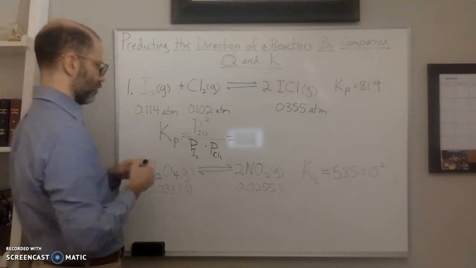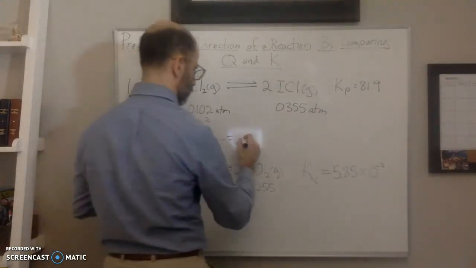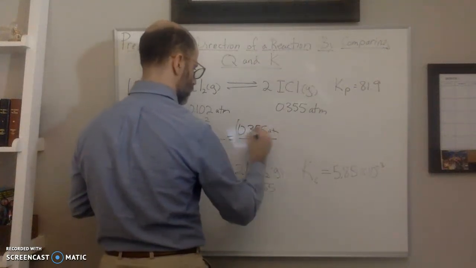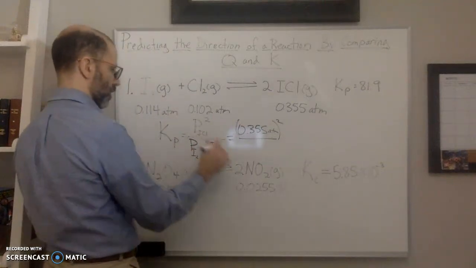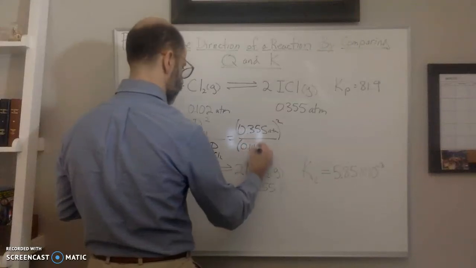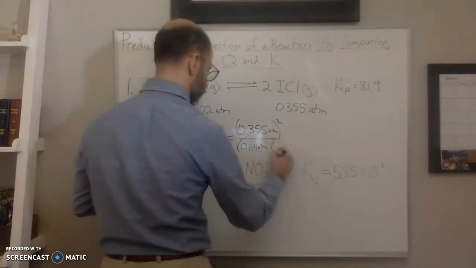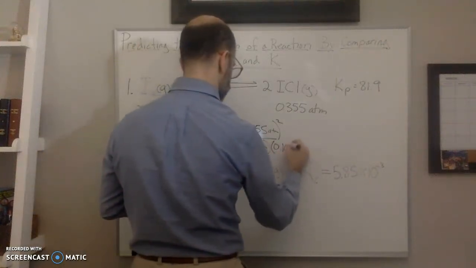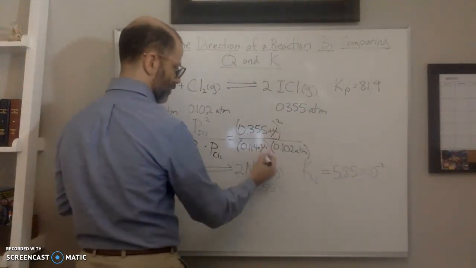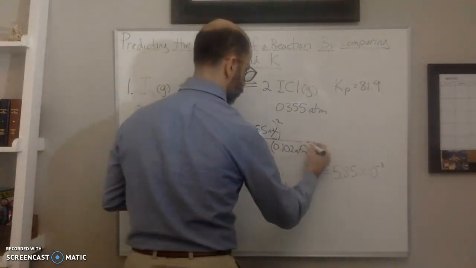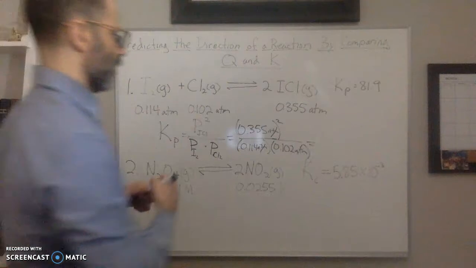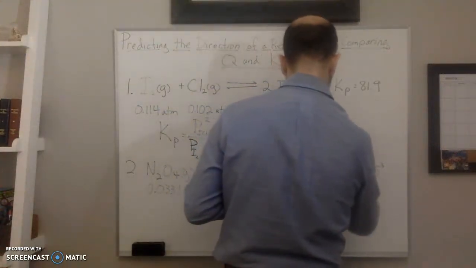For ICl, it's going to be 0.355 atmospheres squared over the pressure of I2, which is 0.114 atmospheres multiplied by 0.102 atmospheres. And you can see that the atmospheres are going to cancel out. If you do the calculation, this comes out to 10.8.